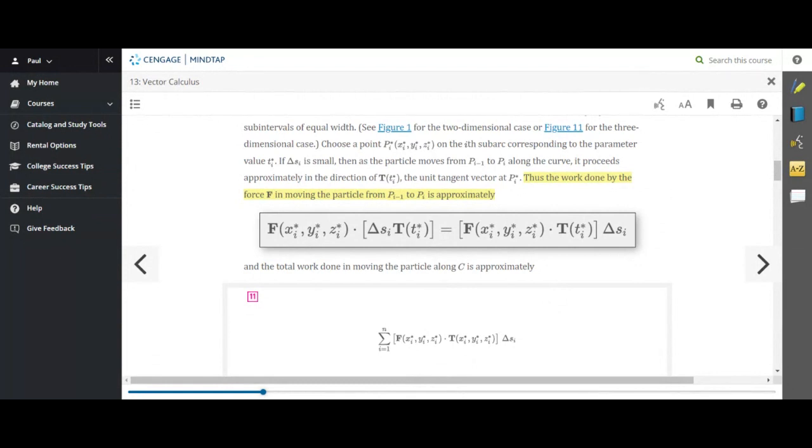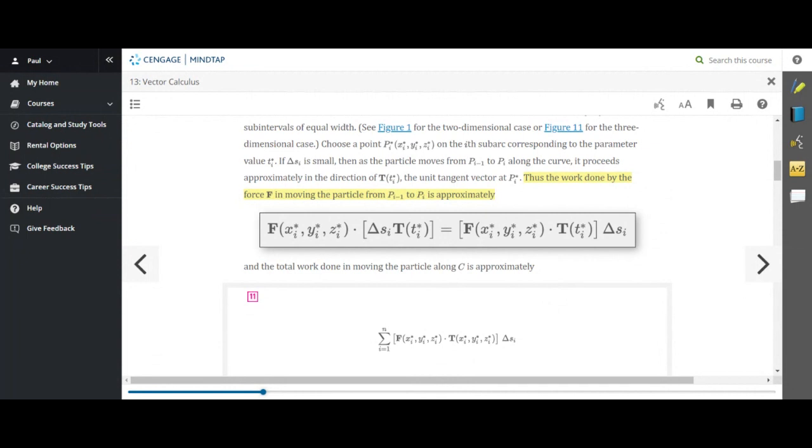We learned about the dot product back in section 9.3. The work is equal to the dot product of two vectors: the force field vector, and the distance vector where the particle is actually moving.